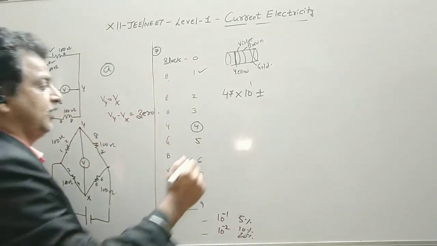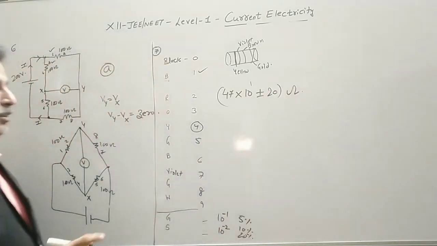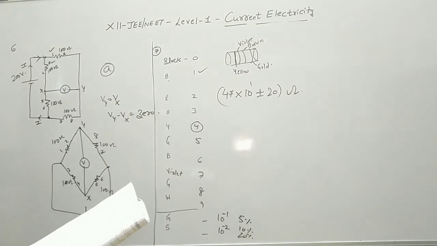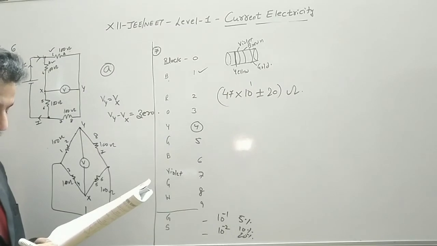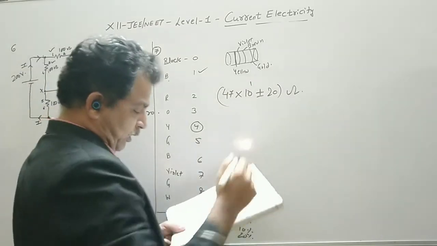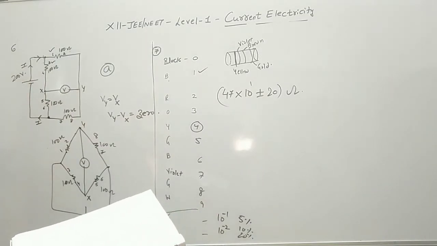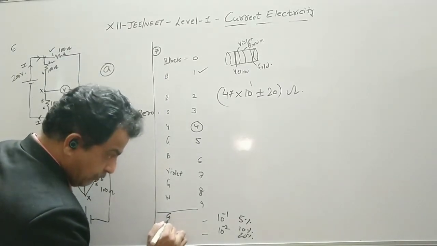So you refer to this theory. So here directly we write the answer, that is 47 into 10 raised to 1, so it becomes 470 plus minus 5%.